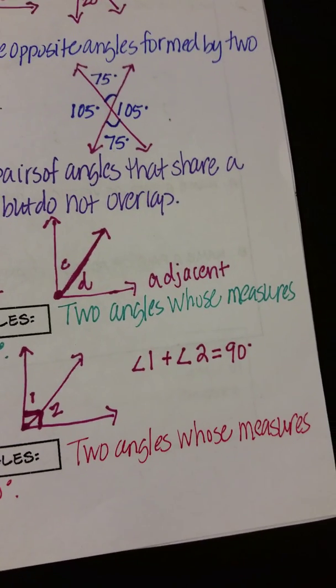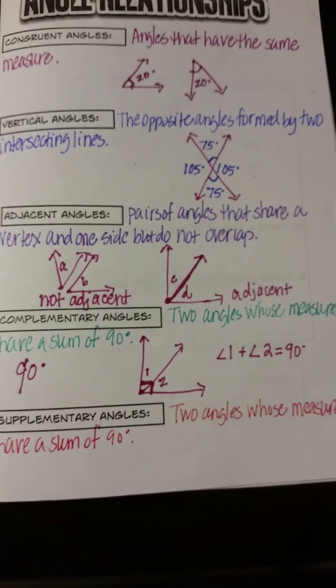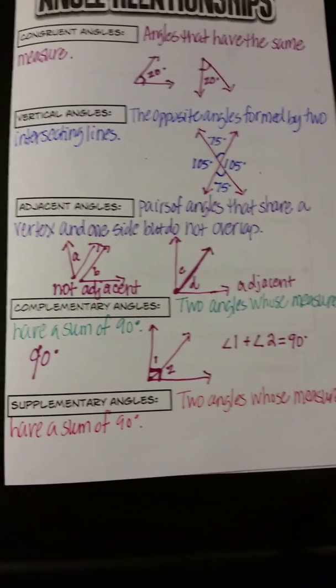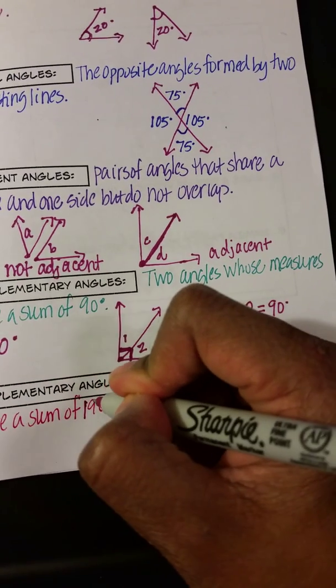Now we have supplementary. Supplementary angles are two angles whose measures have a sum of 180 degrees.